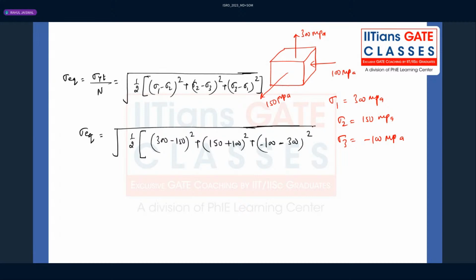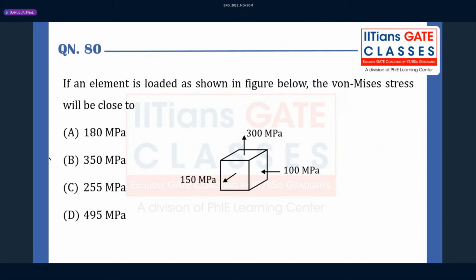So that will be the formula. When you calculate the values, plus 250 square, you will get 350 megapascal. This is the answer we got, that is 350 megapascal.